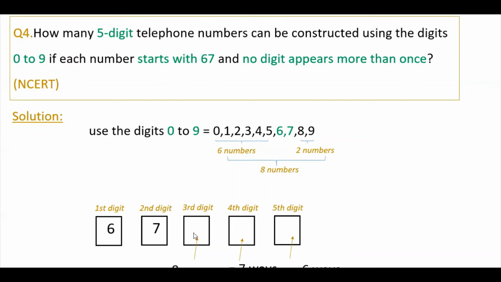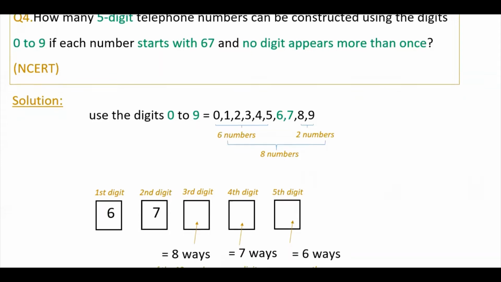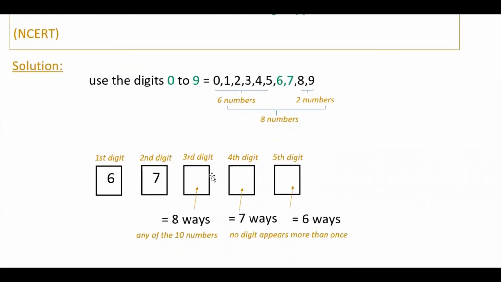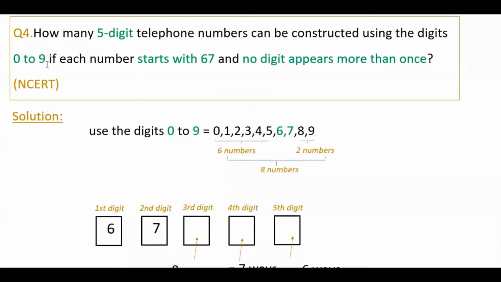So if you see here in these boxes, you will understand: every digit should be different. It should not be repeated. Except these 2 digits, 6 and 7, every digit should be different. And here you have to use the digits 0 to 9, that is 0, 1, 2, 3, 4, 5, 6, 7, 8, 9.